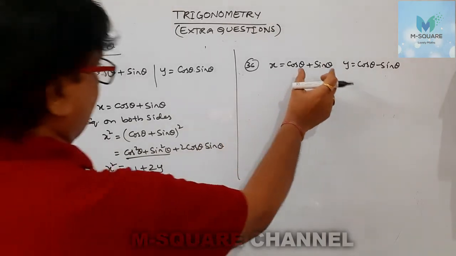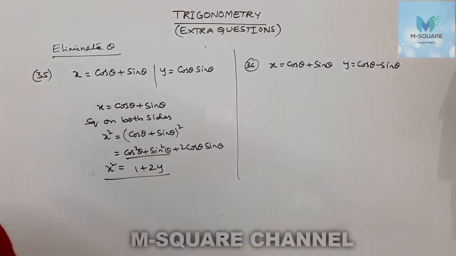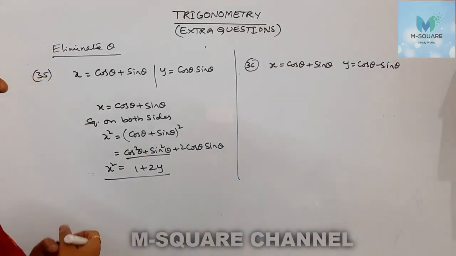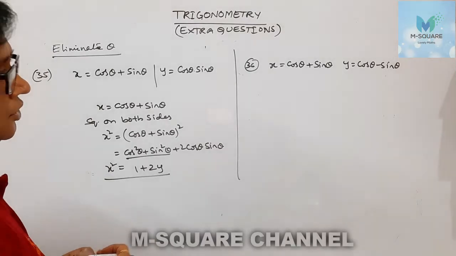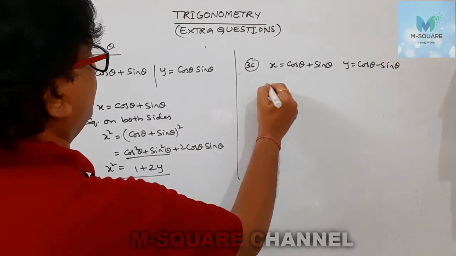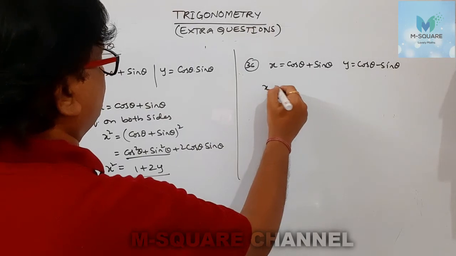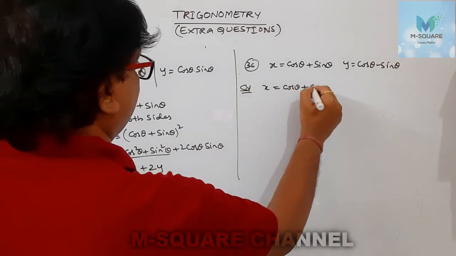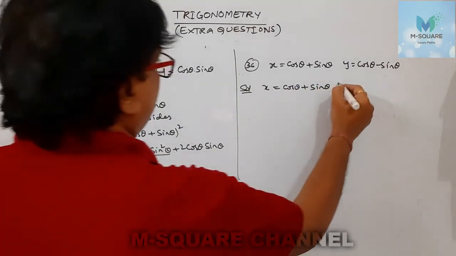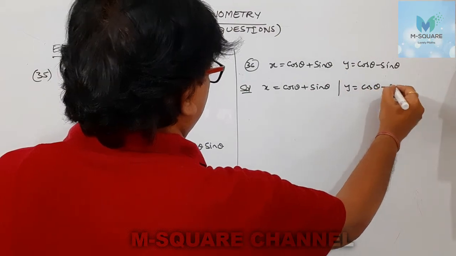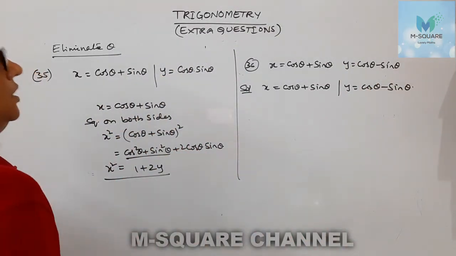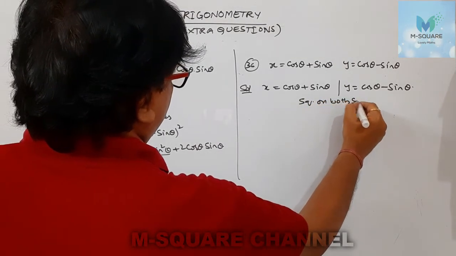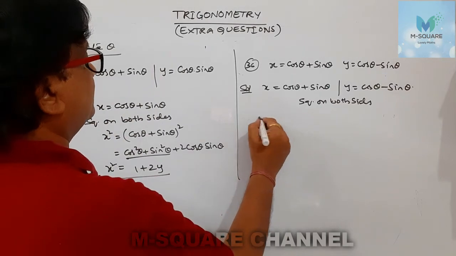In this case, a plus b is there, a minus b is there. First, to understand, this is the part of a plus b whole square and a minus b whole square. So if we are adding, we get other answers also. So please see, x equal to cos theta plus sin theta and y equal to cos theta minus sin theta. Squaring on both sides and add.